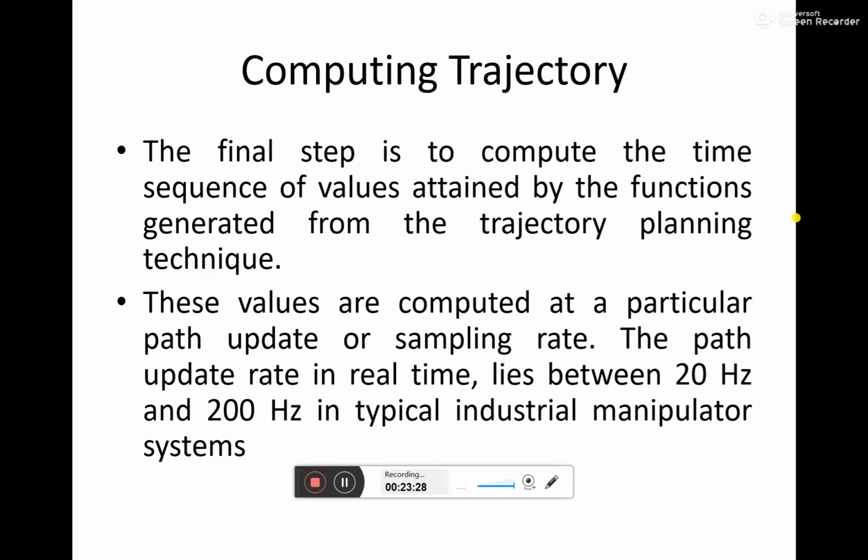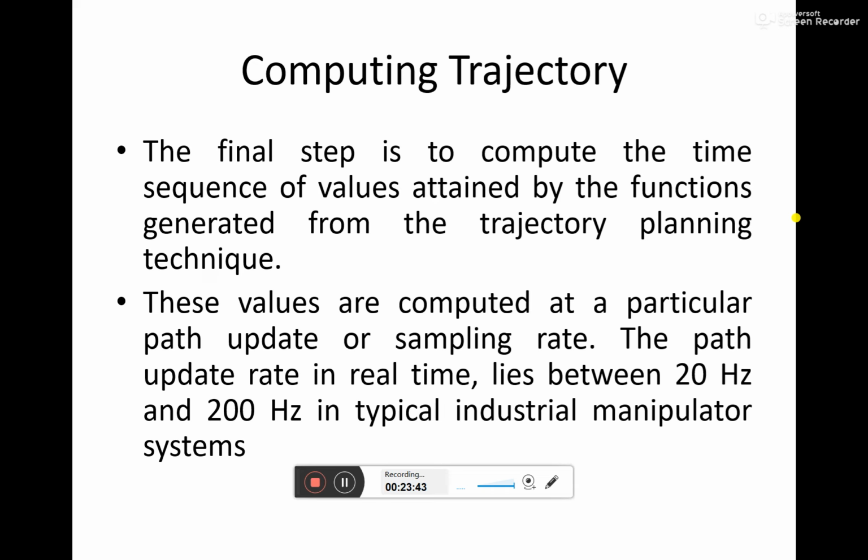That is the sampling rate, which you will most probably observe in the different manipulators that we see in the industries.